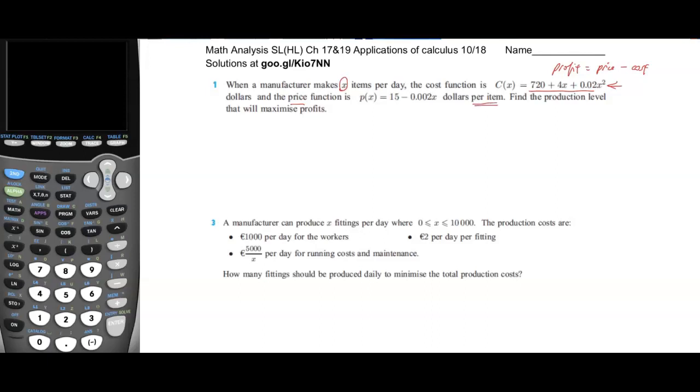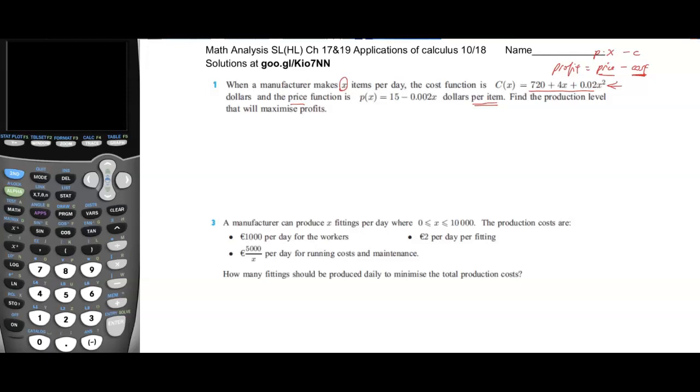Notice that it doesn't say per item for cost. So in order to subtract the two, price minus cost, you have to use the same number of products. If price is per item and cost is for all the items together, then we need to multiply the price function times the number of items before we subtract the cost function. Otherwise, we're not comparing apples to apples.